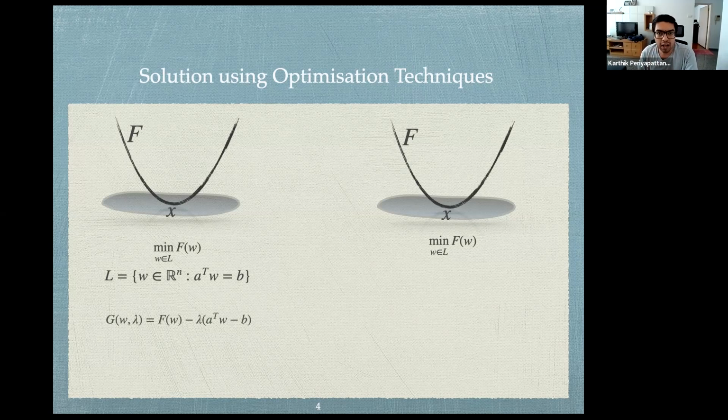One forms this function G, one introduces a scalar lambda into the picture, and then the KKT conditions naturally come into play, and they dictate that in case the function f that we have chosen a priori as the cost function is differentiable, then at the point of minimum, that is at the minimizer, grad f should equal lambda times A. In other words, the gradient of f with respect to its coordinates should be a scaled version of the vector A which has appeared in the measurements.